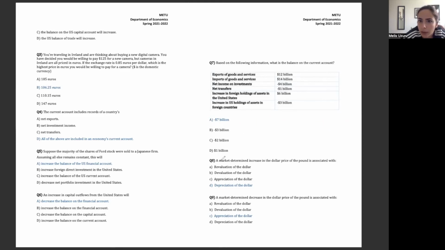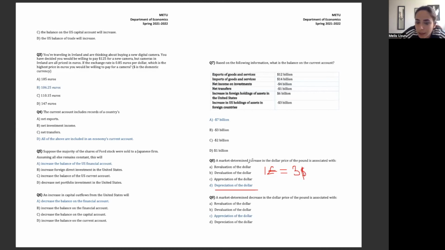Let's look. A market determined increase in the dollar price of the pound is associated with depreciation of the dollar, because let me write it like this: 1 pound. It is very ugly, but it is supposed to be the sign of the pound. It was $3.